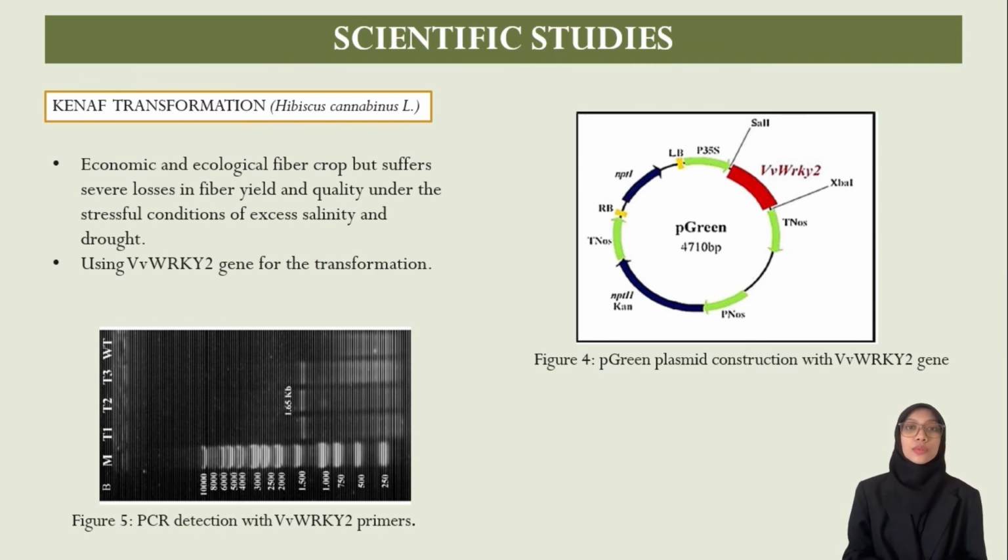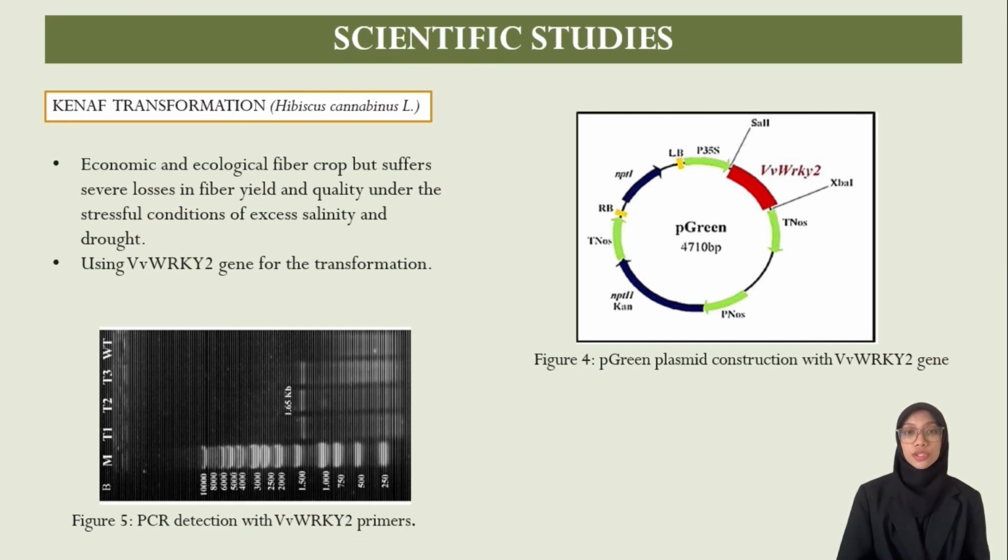Thus, a study was carried out on cotton transformation using agrobacterium tumefaciens. The agrobacterium strain harboring the pGreen binary vector that carries the nptII gene for selection and the VvWRKY2 gene was used for transformation. Construction of the plasmid is shown in Figure 4 and the presence of the transgene and its stable expression were confirmed by PCR, as shown in Figure 5.